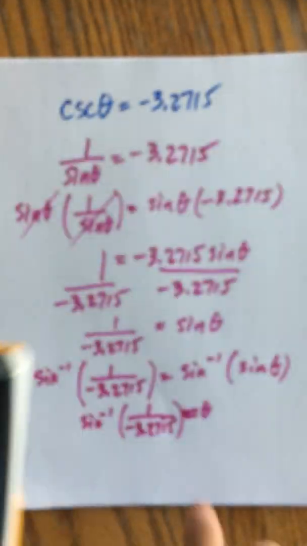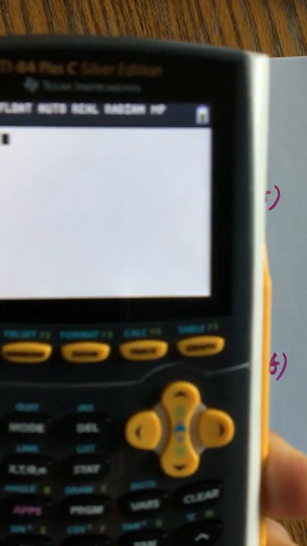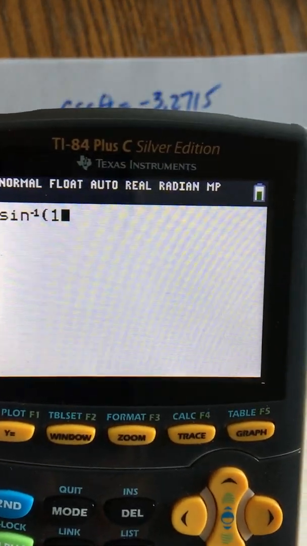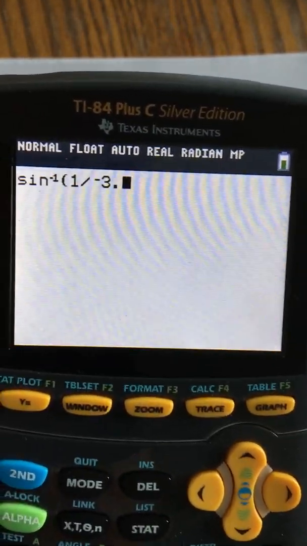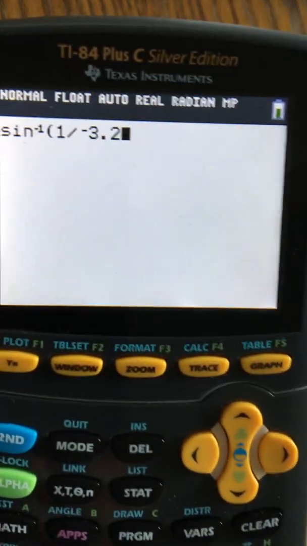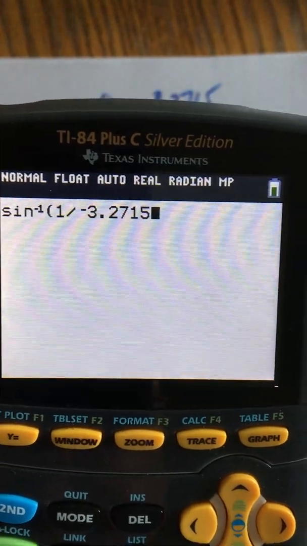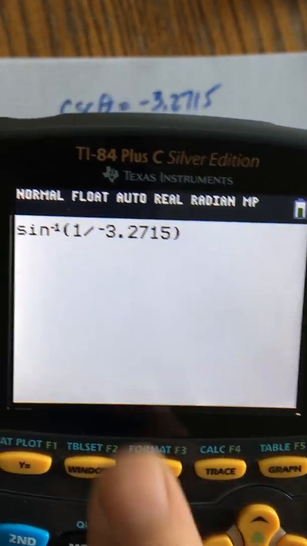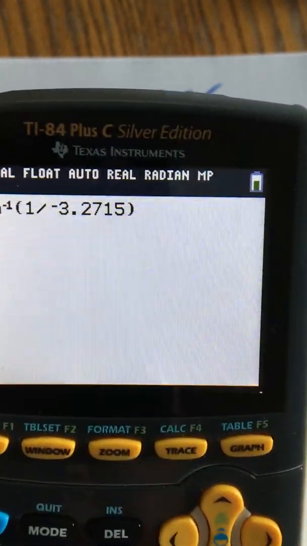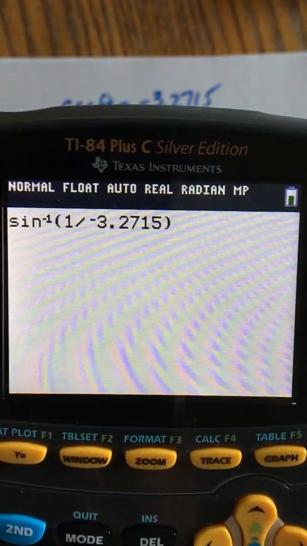Second sine gives me the inverse sine. And remember, I need to do 1 divided by negative 3.2715. Let's see if I got it in there. Okay. And it didn't matter if I put the negative here or with the 1, really, right? It's still a ratio and it'll be negative.